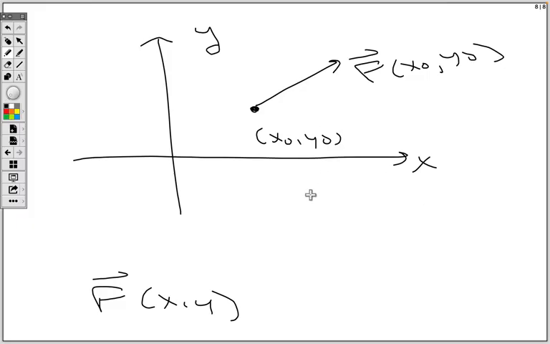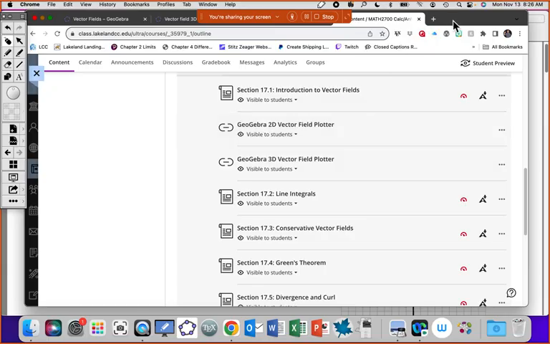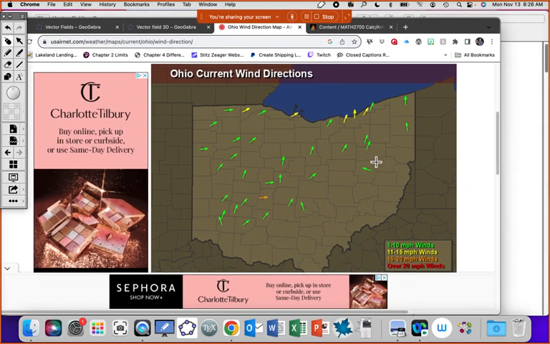Now, the classic application for this kind of thing are velocity fields. Okay. So, for example, if you type in wind velocity map, here's the current wind direction.